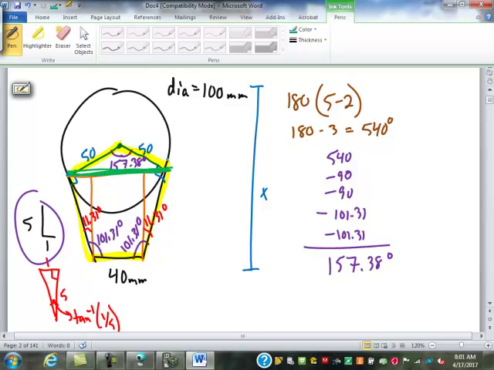And once you find that distance across there, you subtract out the 40 from down here. So then that tells you what these two distances have to be. Once you have those, then you can just fly with it from there. So I want you to finish up that problem. And then I'm going to give you a worksheet to work on.